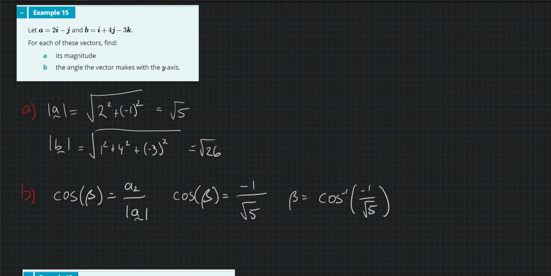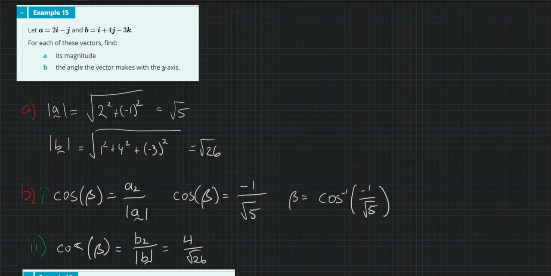And the other one is also, let's just use this so we know we're talking about different things. I'm just using the beta and A2 because that was what we learnt so far in the exercise. So cos beta for this one is equal to, in this case we're looking at B as our vector, so B2 divided by the magnitude of B, equals, B2 in this case is 4 and the magnitude was square root of 26.